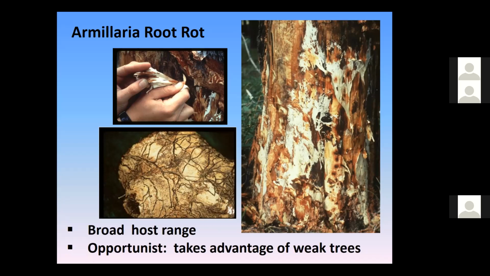Well, this Armillaria is one of the things that will often be seen in those competition-stressed trees. And then after you've gone through and done a thinning and reduced the competition, the trees you left behind, even though this fungus is still there, don't get infected by it. And if they do, they're fighting it off successfully because they're healthy.